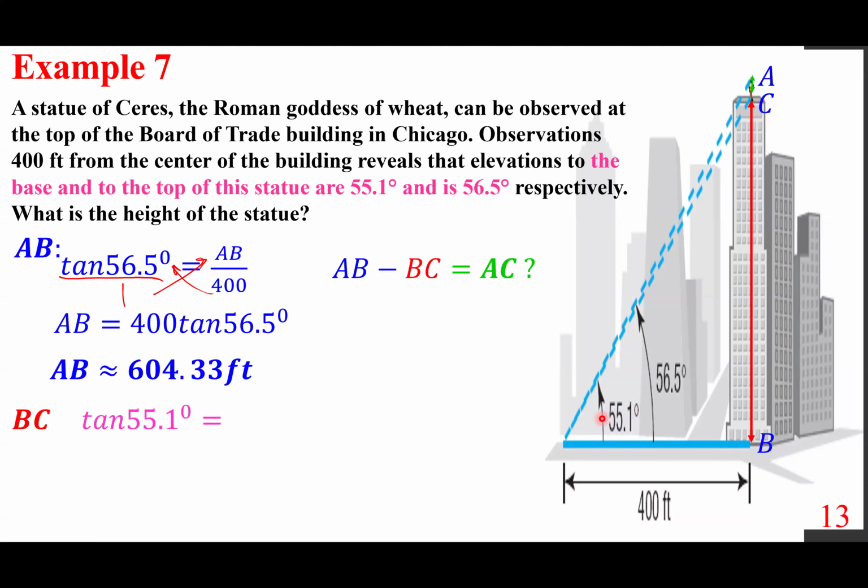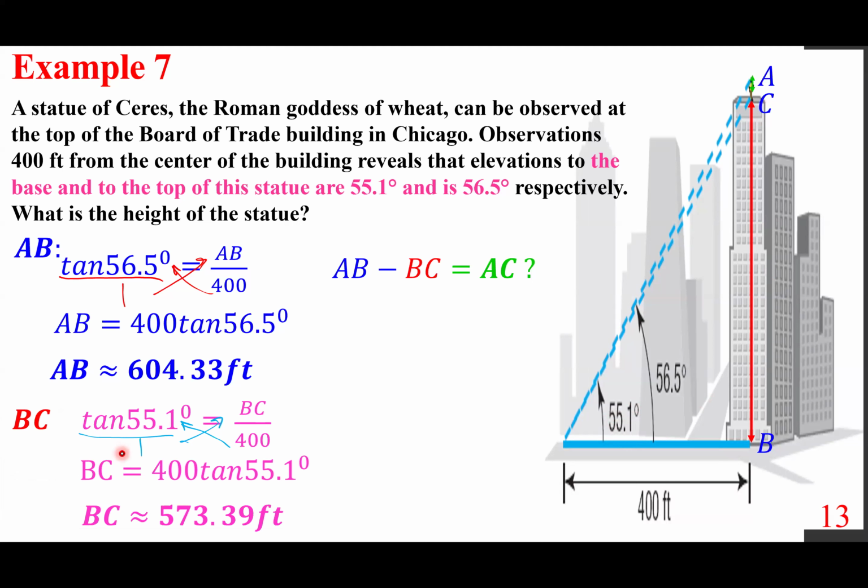So tan of 55.1 degrees, BC over 400, and again, cross product, BC is 400 times tan of 55.1. Putting it into a calculator with a couple of decimals, 573.39 feet. And again, as far as the number of decimals, you always want to pay attention to what they ask you.